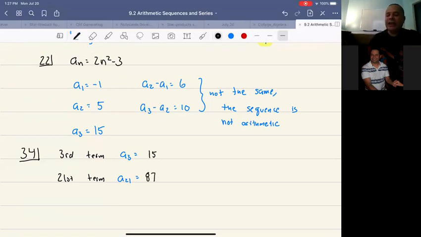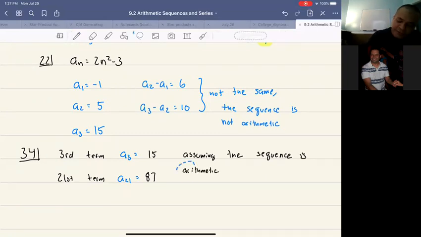If we assume that the sequence is arithmetic, find the formula for the nth term.